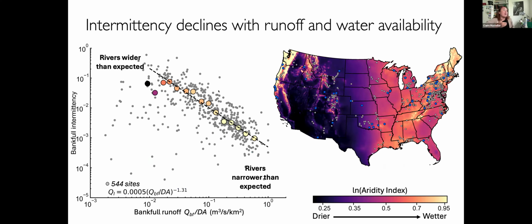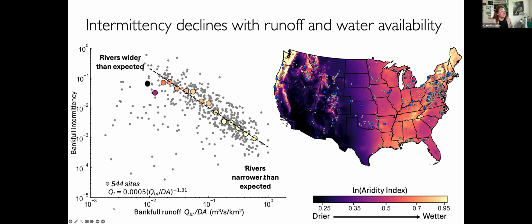And so we can look at what then controls bankfull intermittency across all of our rivers. What I'm plotting here is that same bankfull intermittency metric on the y-axis, and then bankfull runoff, which is just the bankfull discharge divided by the drainage area for each of our sites.